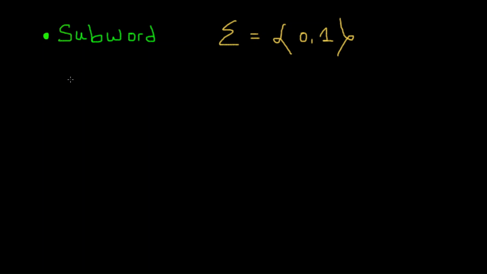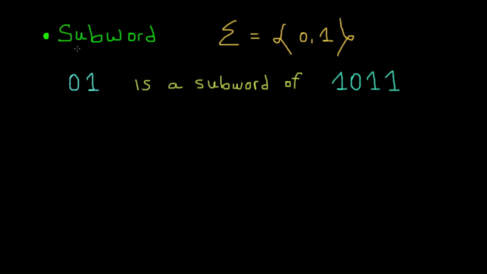An important notion is that the word 01 is a subword or factor of the word 1011. Why so? Well, as we see, the word 01 is a subword of the word 1011, because we have an instance of this word within this word.